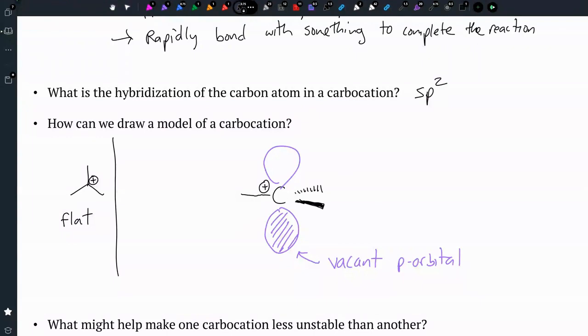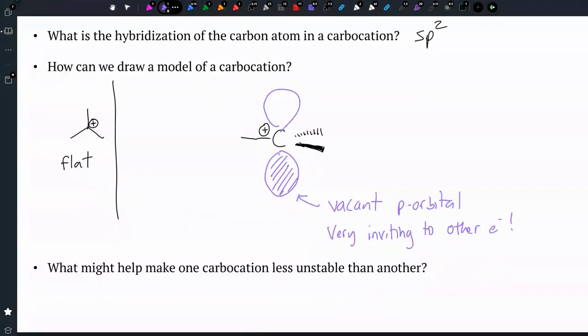And you can think of that vacant p orbital as being a huge invitation for other electrons to come get shared with that carbon. So other electrons see a vacant p orbital and they're like, oh, that is a chance for me to get shared. And electrons would love to be between 2 nuclei if they can.